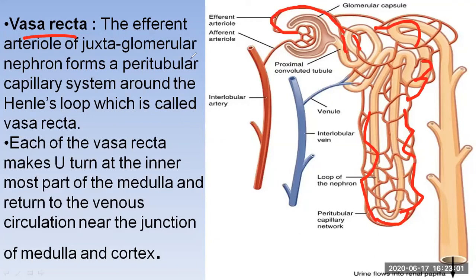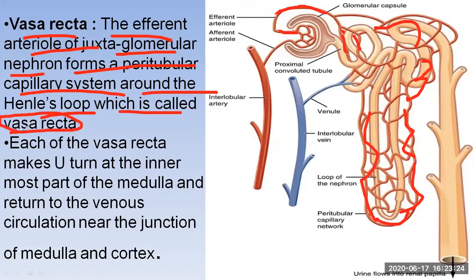So now you can read: the efferent arteriole of juxtaglomerular nephron, this is called the JGN, forms a peritubular capillary system around the Henle loop, which forms a Vasa recta. This is called the Vasa recta.